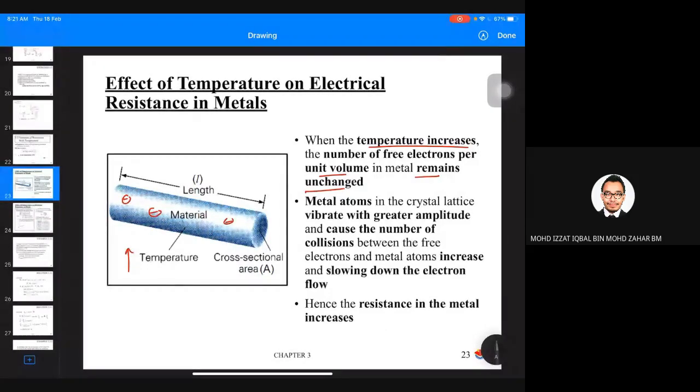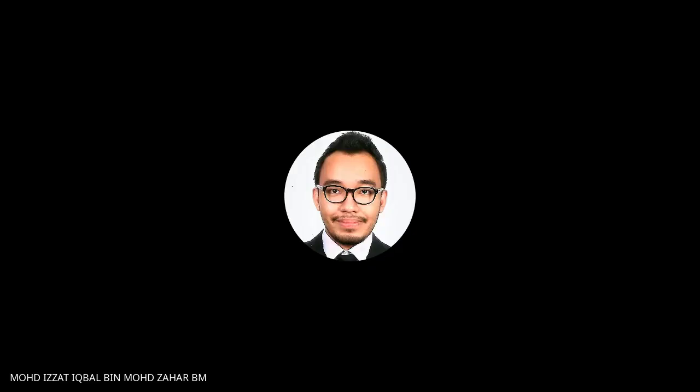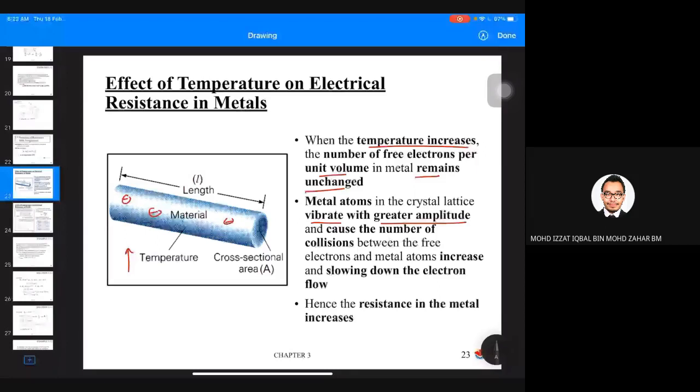Normally you can directly relate temperature with kinetic energy. So the higher the temperature, the electron becomes more restless and starts to vibrate more. To be exact, it's vibrating at greater amplitude. Because of that, there's higher tendency for collision. So collision increases, and that's why the electron flow slows down.